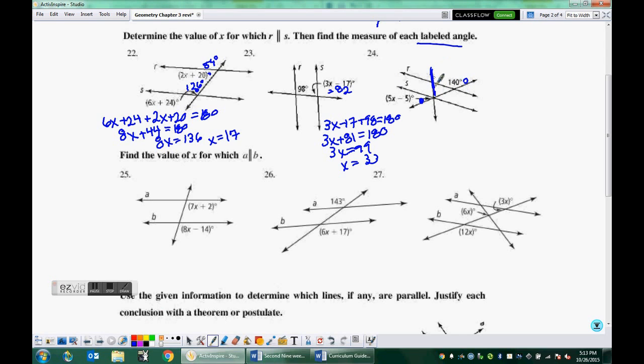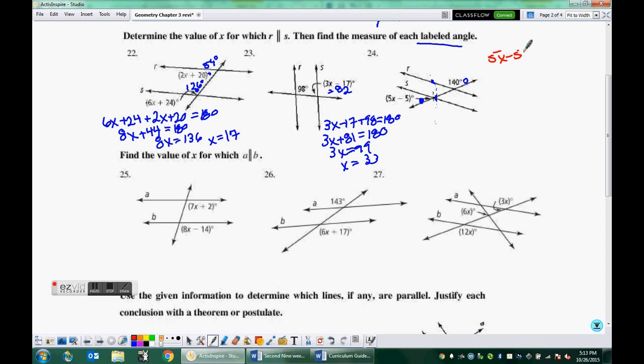24 here. You'll notice that this extra transversal here that I just highlighted in blue is not needed. Okay. It's not on this 5x minus 5. It's not on the angle for 140, so I'm going to ignore it. Act like it's not there. And when you do that, you will notice that we have a pair of same side exterior angles.